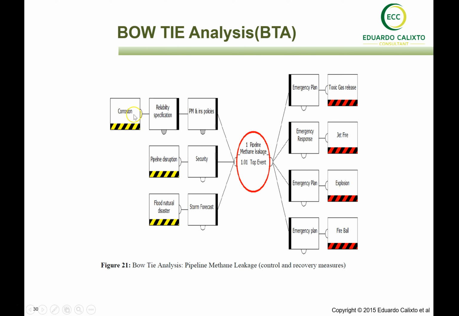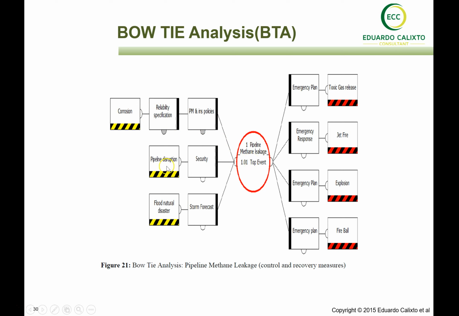So between the trigger elements and the top event in the bow tie, we have control measures that can mitigate the trigger events. In this case of corrosion, we have a reliability specification and a preventive maintenance inspection task to check the corrosion level and to avoid it coming out in a pipeline.